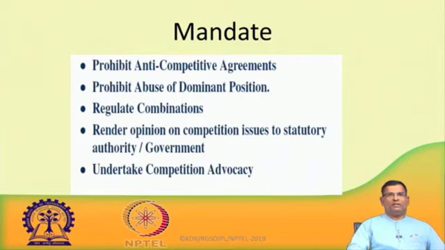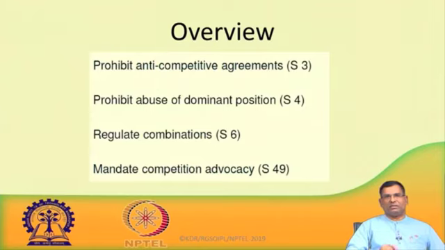And the mandate is very clear. The Indian Competition Act prohibits anti-competitive agreements, and we will see in detail what those anti-competitive agreements are. Then it prohibits abuse of dominant position, regulates combinations, and we will also discuss the Indian Competition Authority and its other duties.